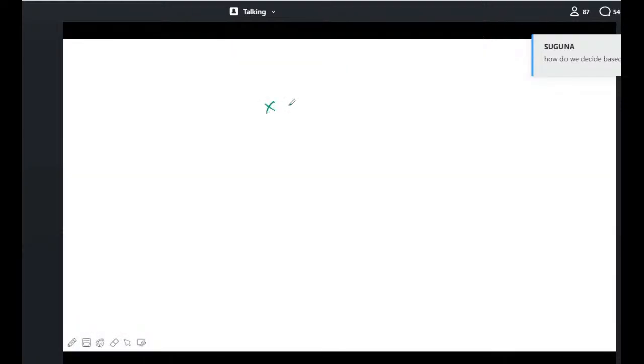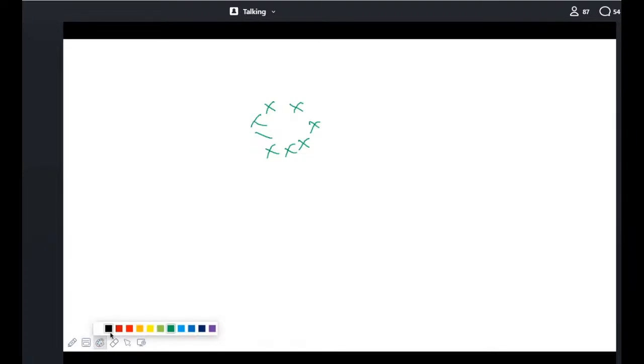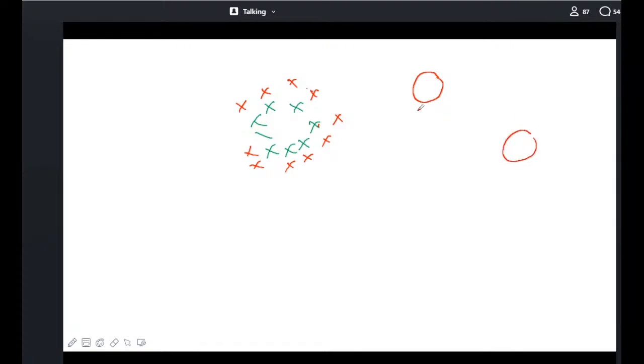Let's say we have data like this, and another group is represented by this, and another group by this. KNN is not suitable for this. KNN assumes that the data should be spherical and apart from one another. There should not be any overlapping.